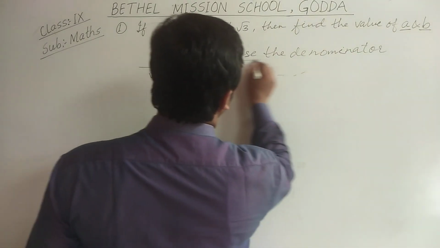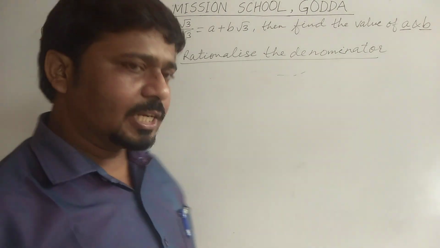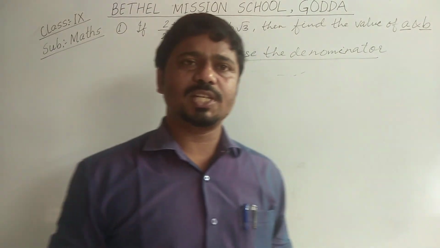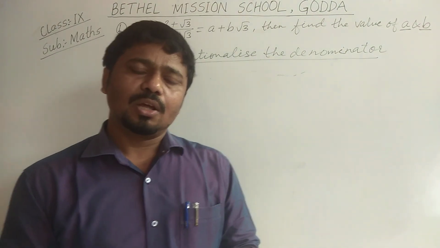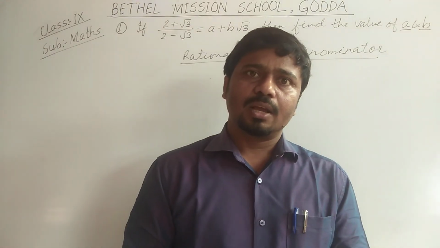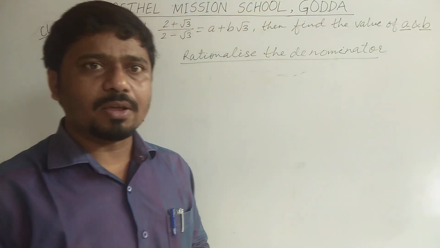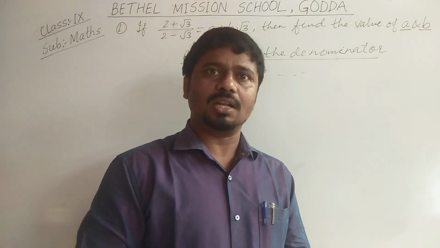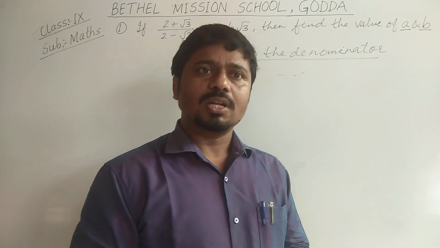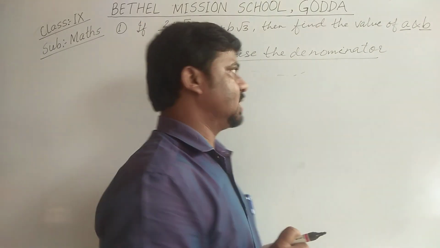What is rationalize the denominator? It means the process by which we make the denominator rational. The process by which we make the denominator rational is called rationalization, or rationalizing the denominator.